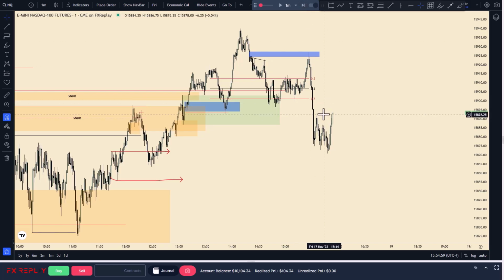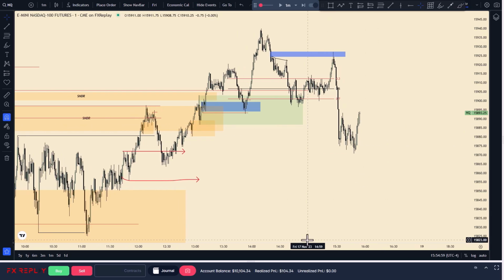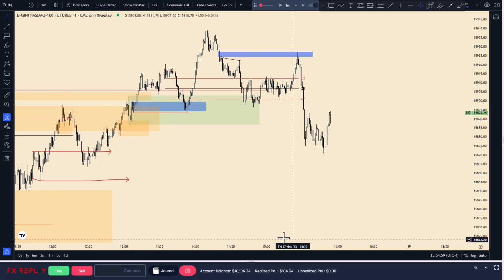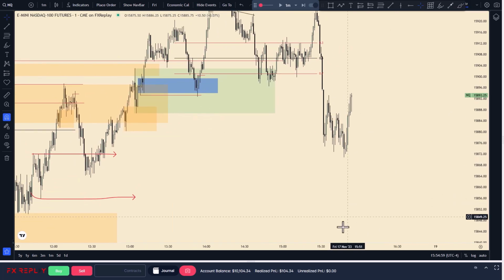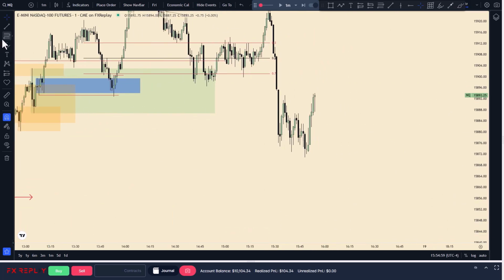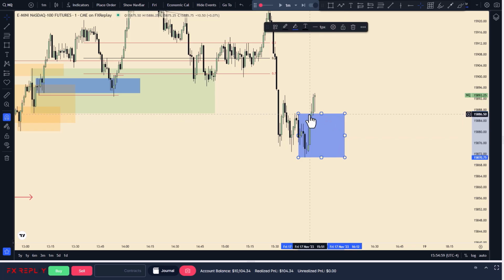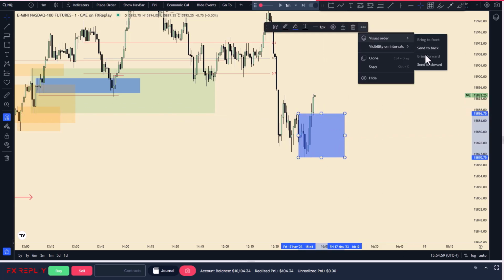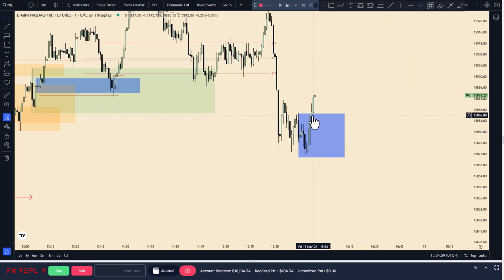Okay, now the break of structure. And also the, oh my god, I think I missed this again. So basically this was the previous zone. And price taps into it here, breaks above it, and we do have that tap into it, return back, the retest.